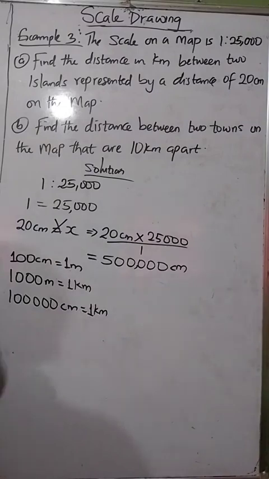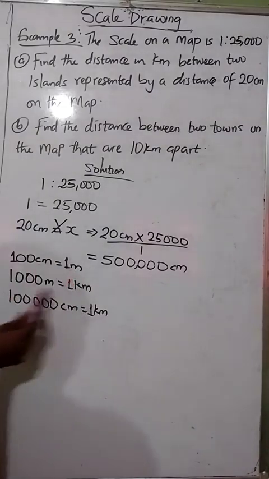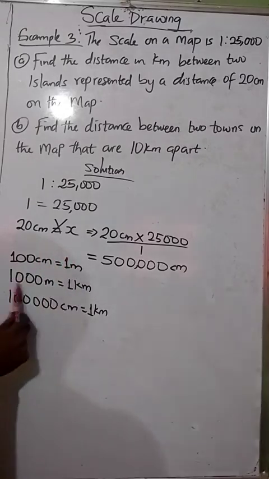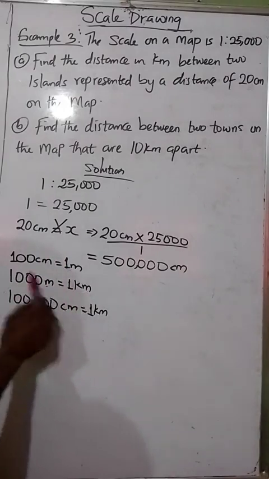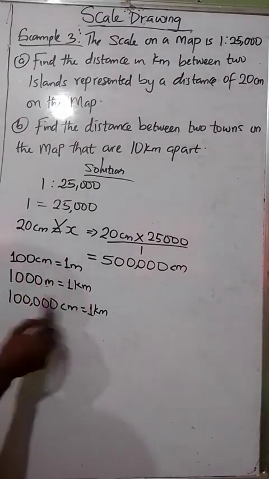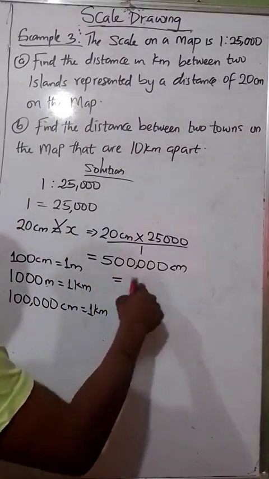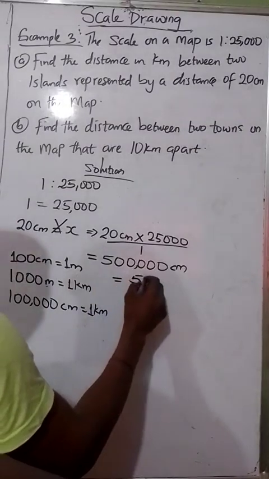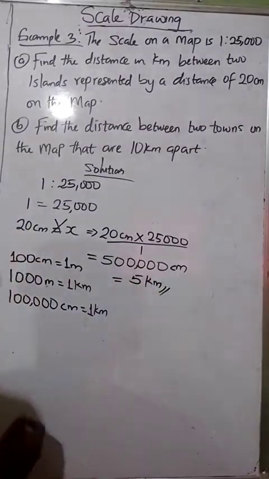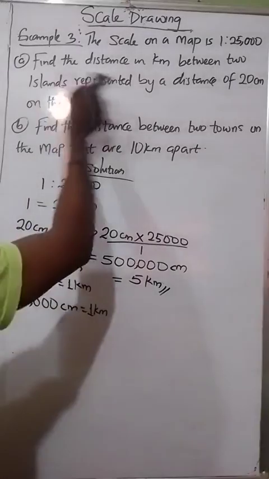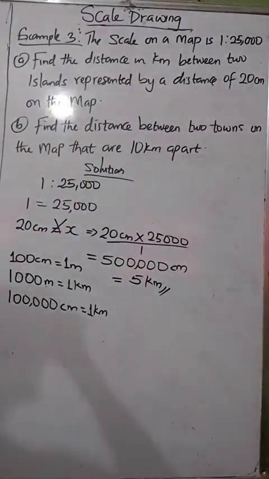Do you understand that? If 100 centimeters equals 1 meter, and 1,000 meters give us 1 kilometer, it means that 100,000 centimeters will give us 1 kilometer. So therefore, centimeters to kilometers will give you 5 kilometers. So the distance between the two islands is 5 kilometers.